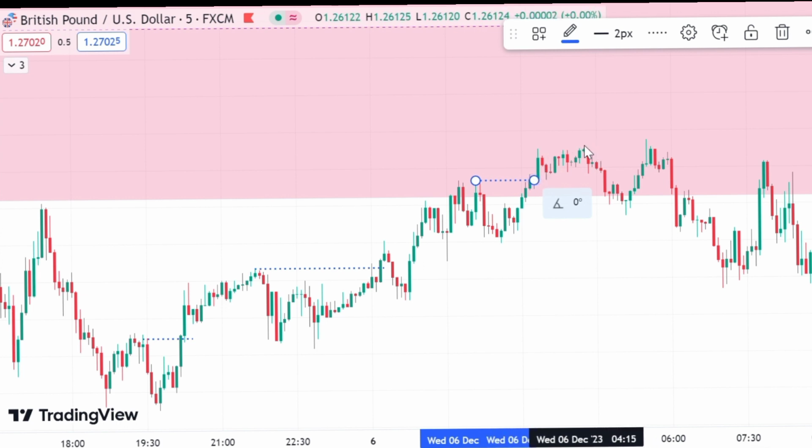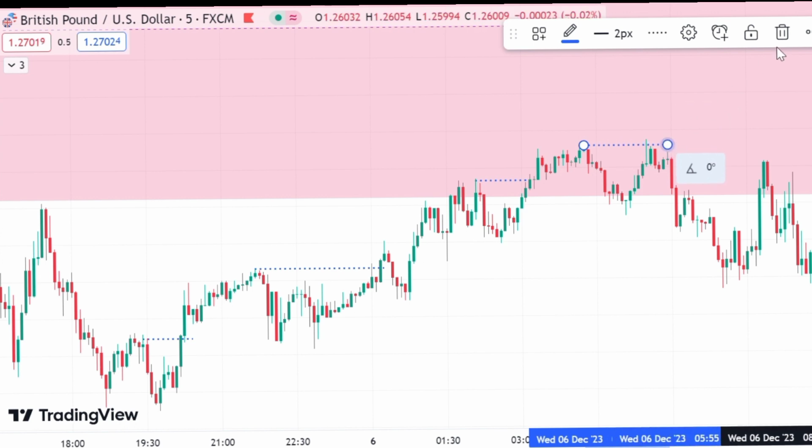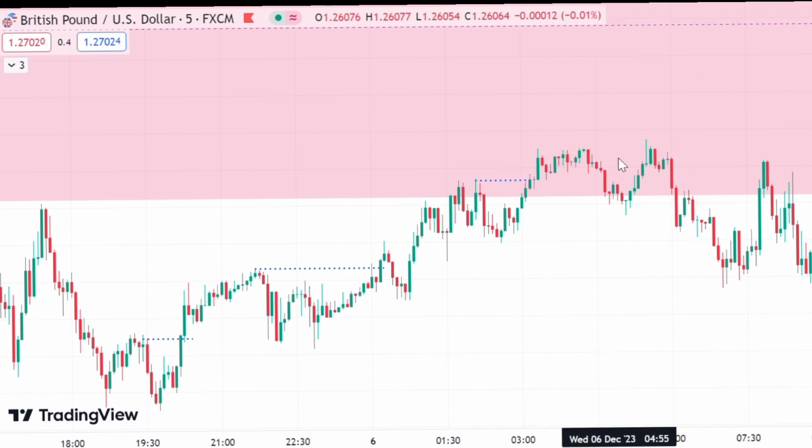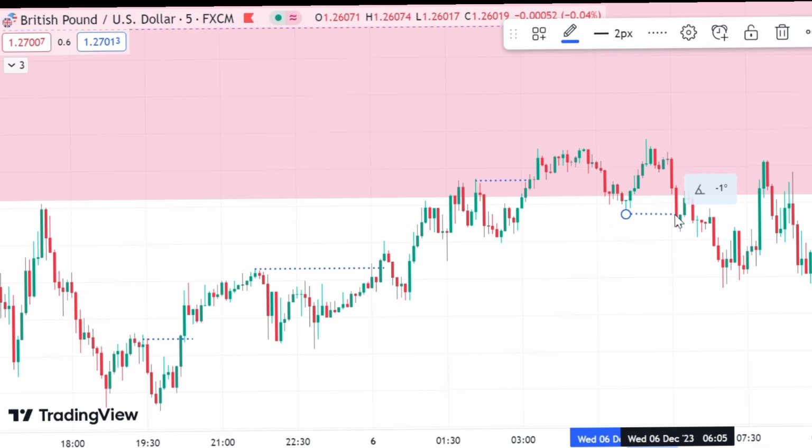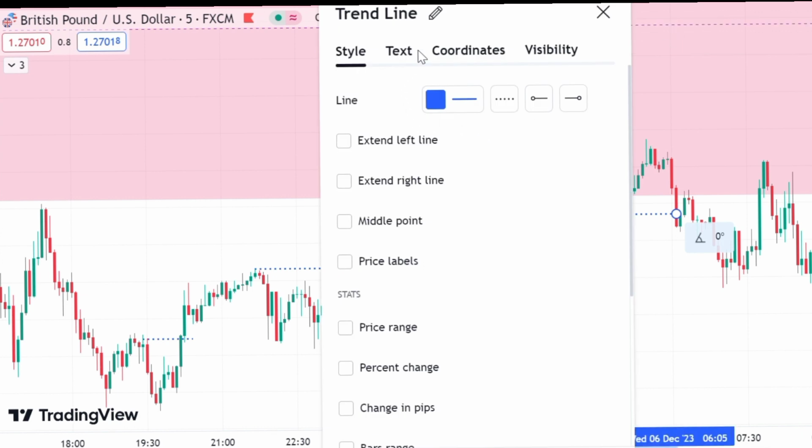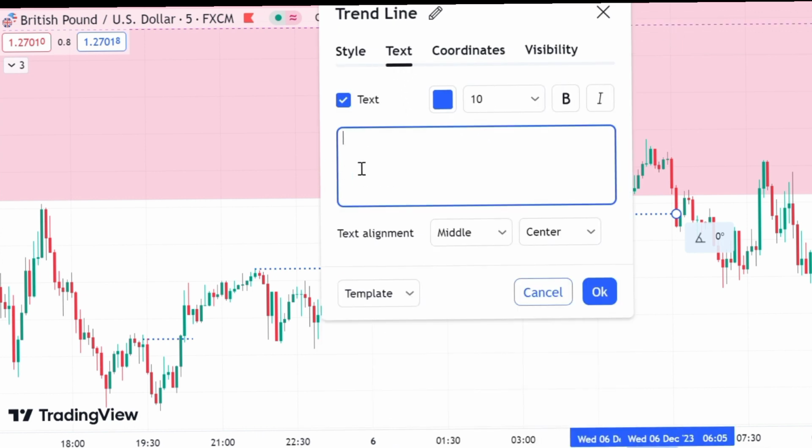Over here, we do not have a break in structure as this line didn't cross the body of the candle. So we can't call this a break in structure, rather we had a swing down and a change in character from this point. I will mark it out so that we can see that clearly.